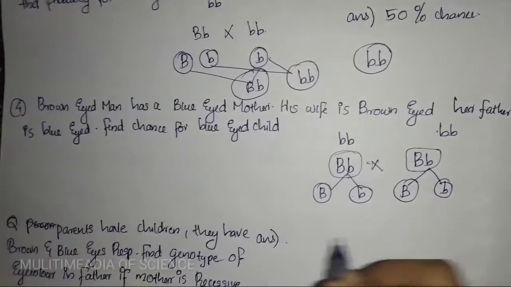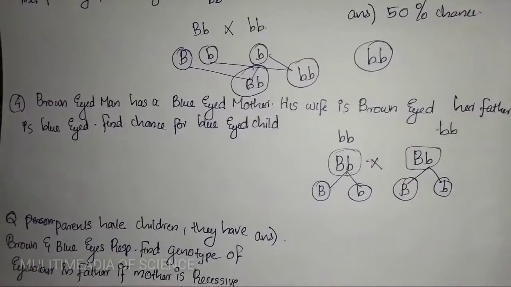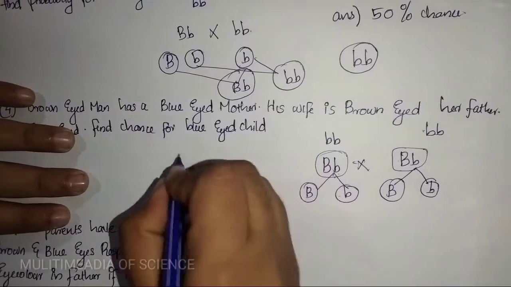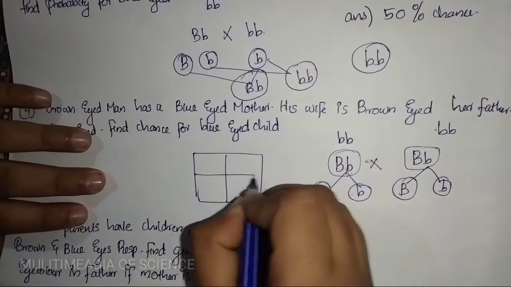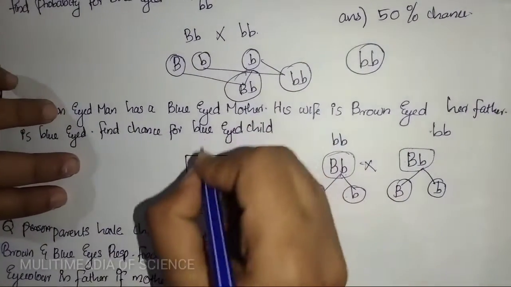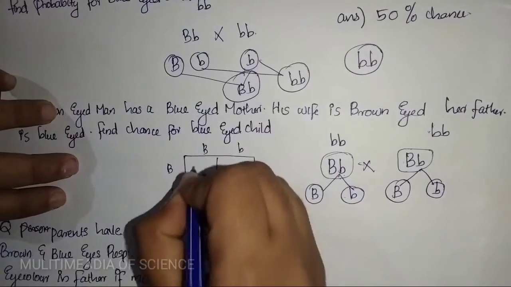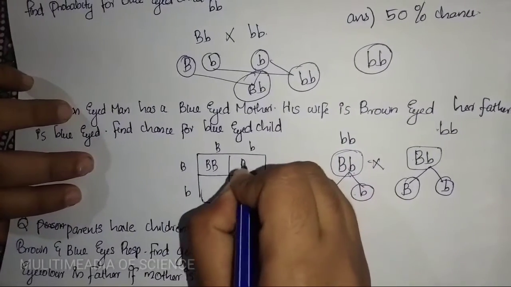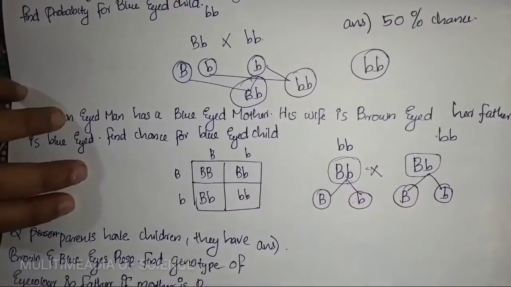While crossing this, what should happen? It can be discussed with the help of the pedigree chart. I already discussed this in the previous section. So once more, capital B, small b, capital B, small b: capital B, capital B, capital B, small b, capital B, small b, small b, small b.